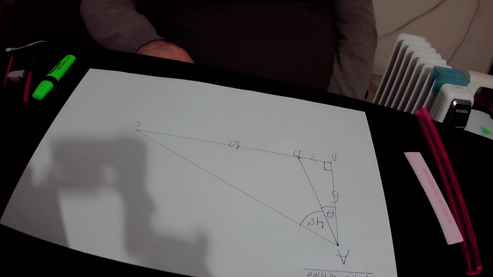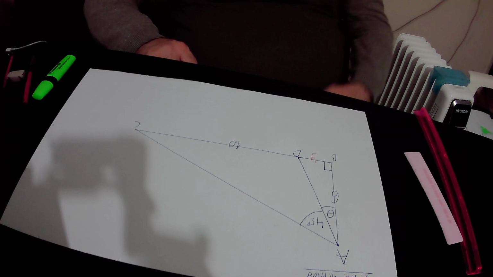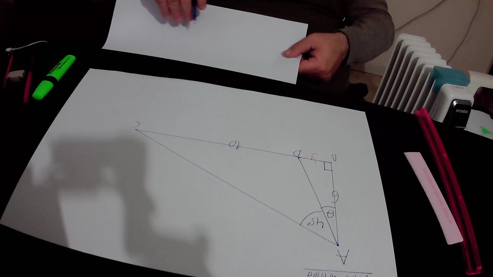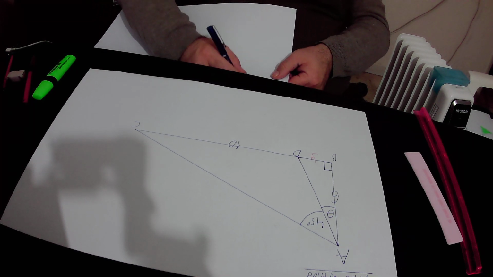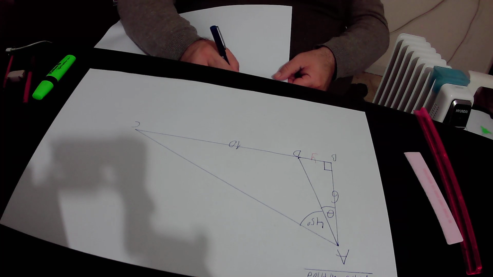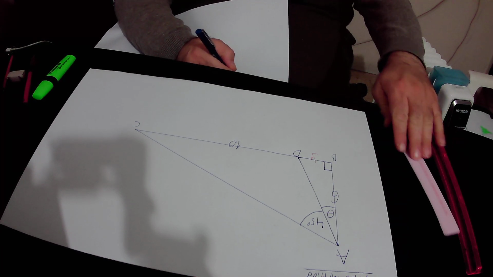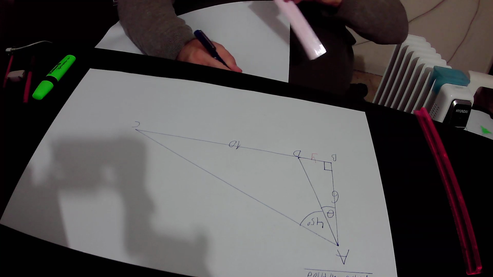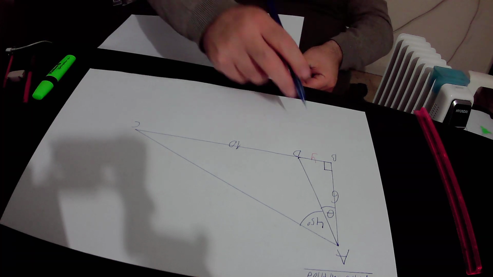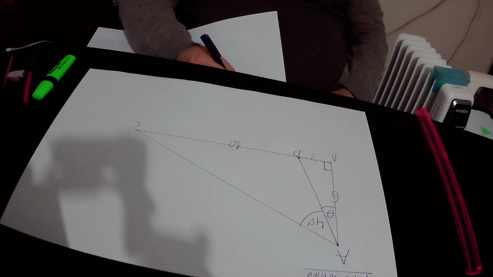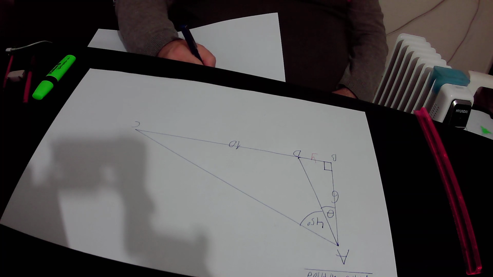So here, if we focus on the right triangle, triangle ABD, in this right triangle, we know that tangent theta equals BD over AB.